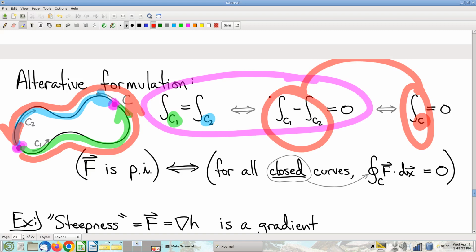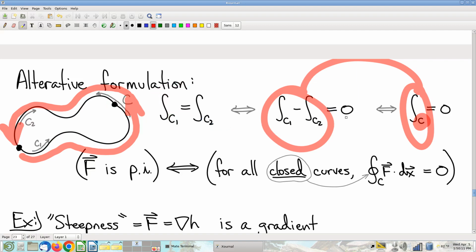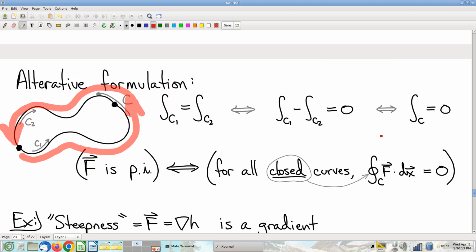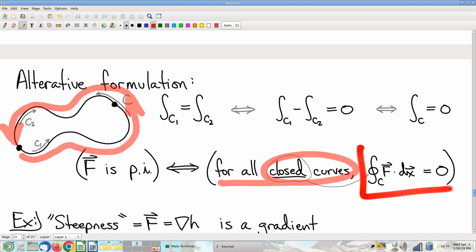So, when I say blue equals green, said differently, if I say green minus blue equals 0, well, green minus blue is red. That means the red integral is 0. So, this is that equivalent formulation. Totally equivalent formulation of path independence. A vector field is path independent if for all closed curves the line integral is 0. That makes sense to everybody?